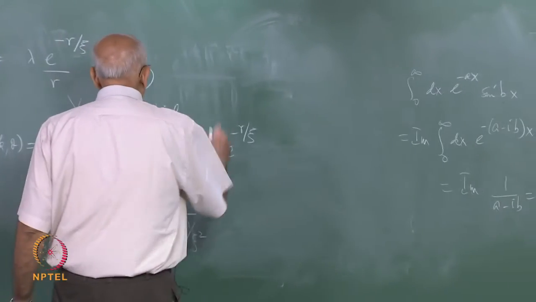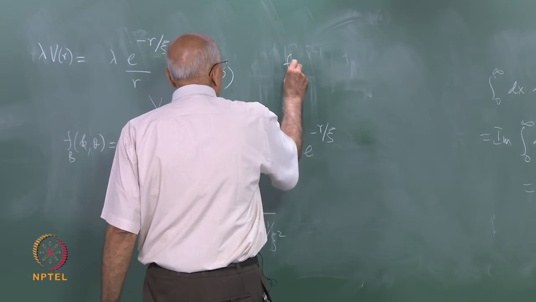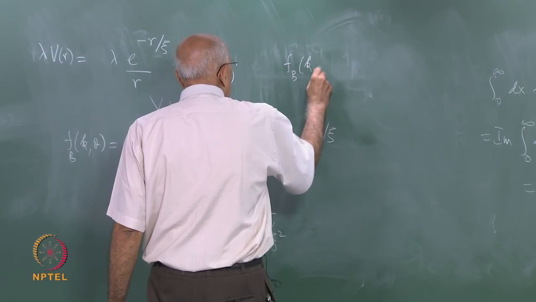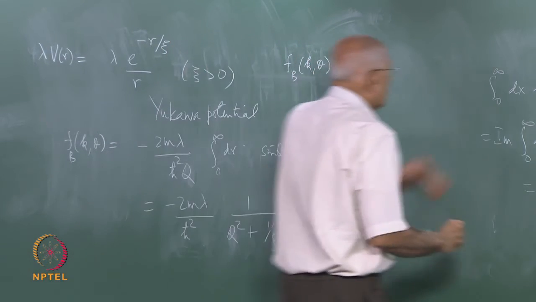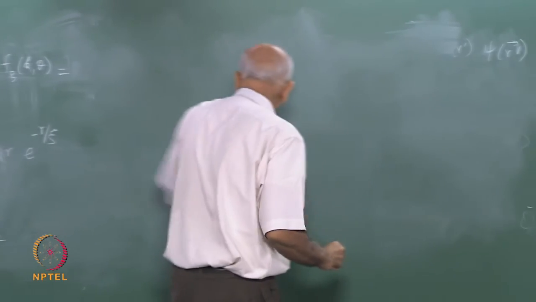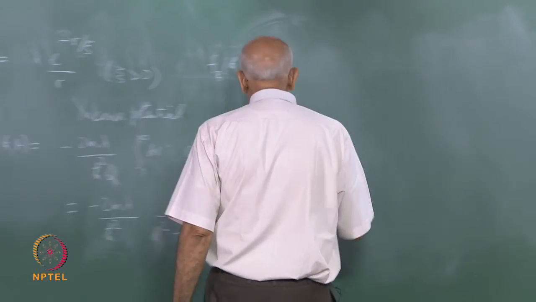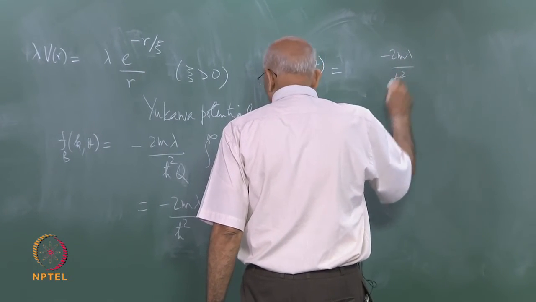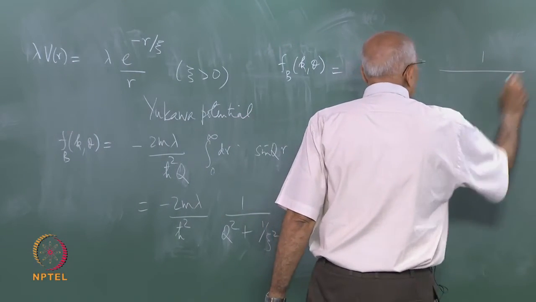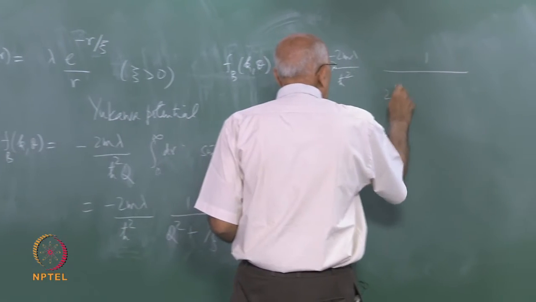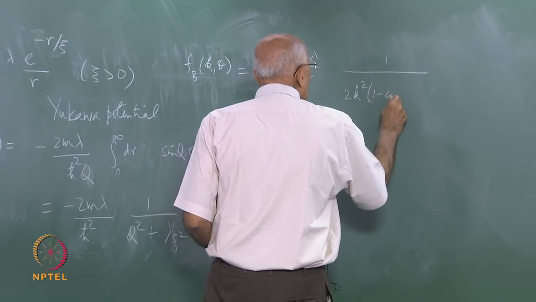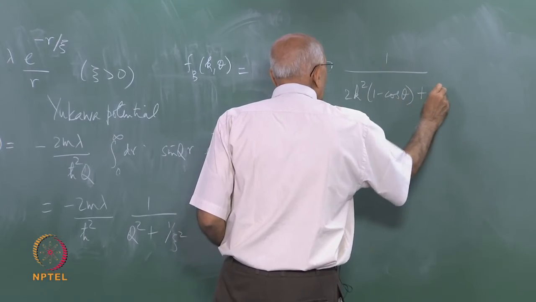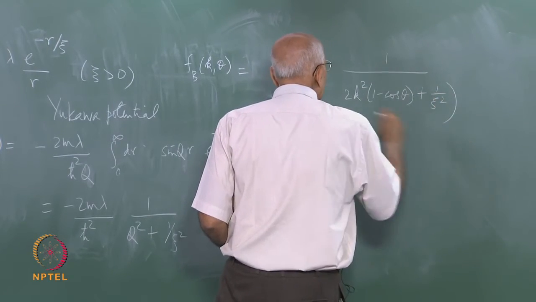So this implies that in the Born approximation, f of k, theta is equal to minus 2m lambda over h cross squared, and then 1 over, and what's Q squared? Remember it was 2k squared into 1 minus cos theta plus 1 over xi squared.